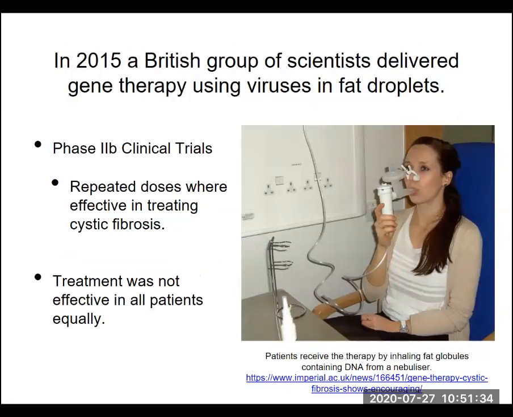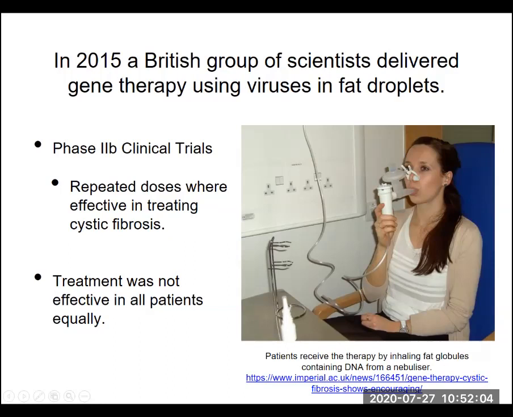Now, an example of this is in 2015. We've got a patient over here in Great Britain. Instead of using viruses as the main mechanism and inhaling those, they delivered the gene therapy using viruses in fat droplets. And so basically, they masked the virus a little bit within the fat droplets.